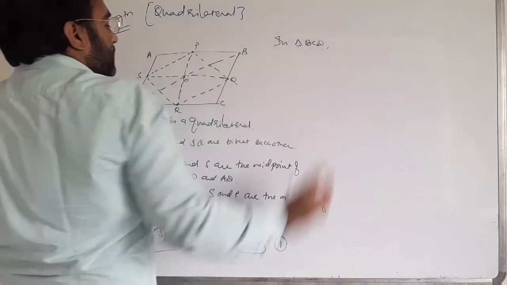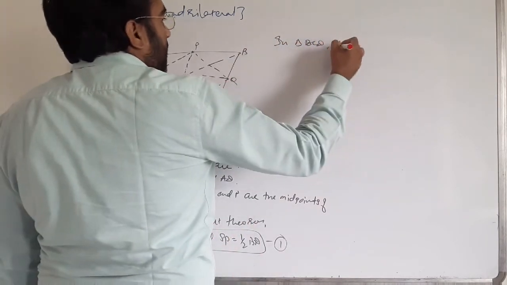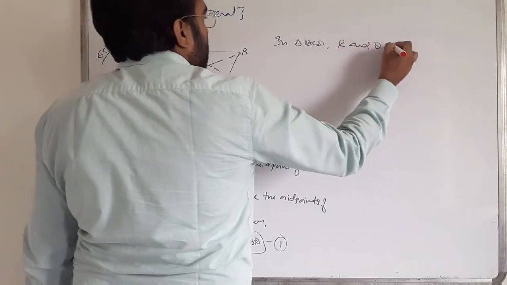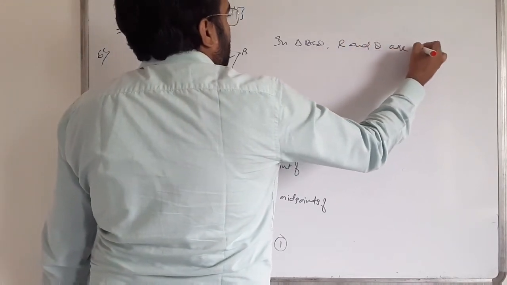Now we move to triangle BCD. In triangle BCD, R and Q are the midpoints.